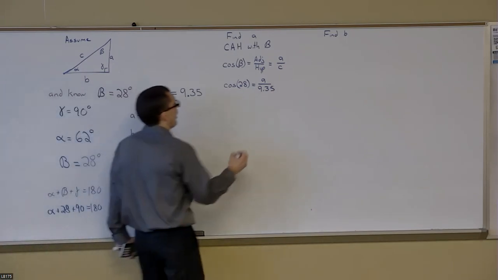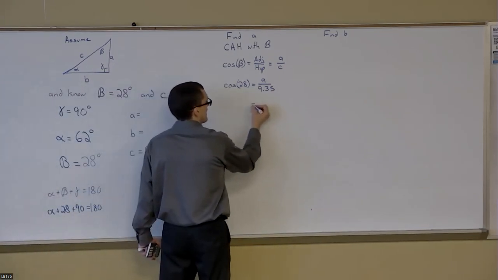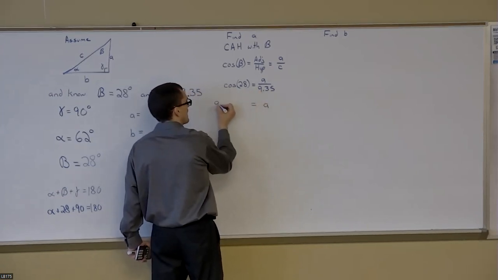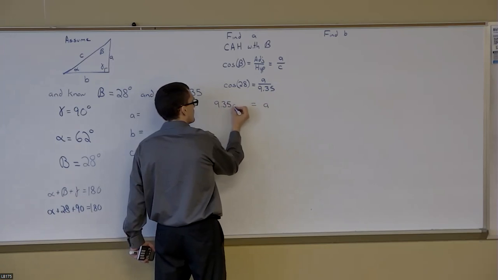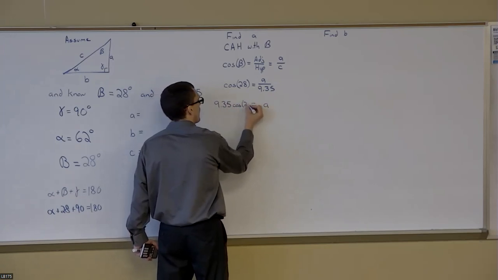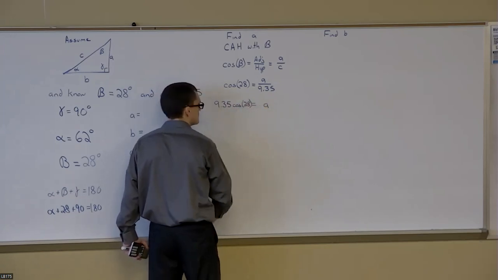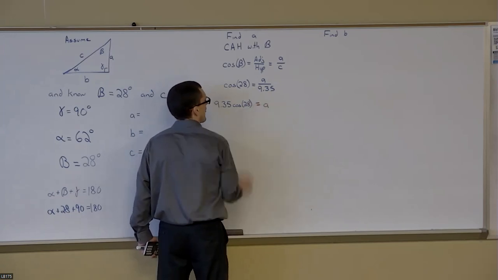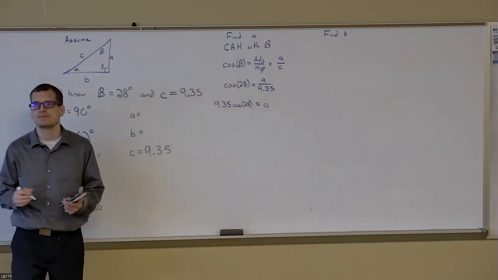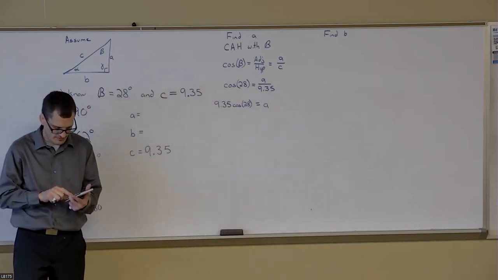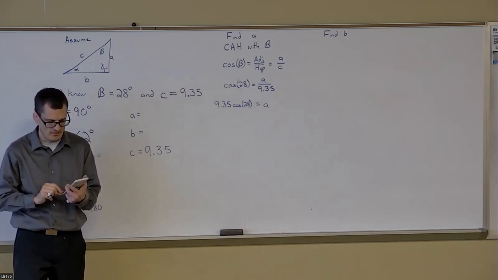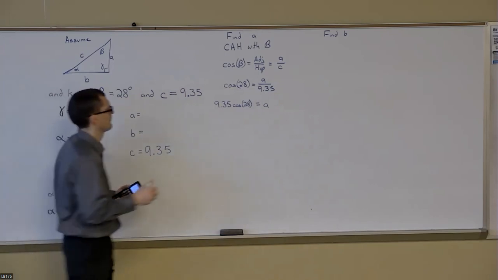So all I have to do to find A is multiply both sides by 9.35. So 9.35 times the cosine of 28 is about 8.26.